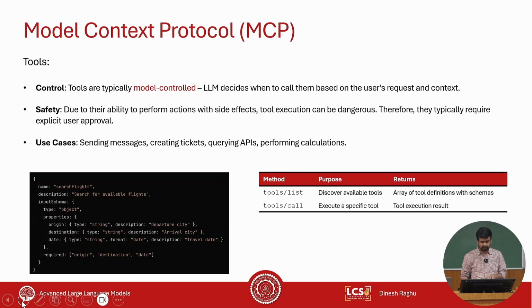This could have safety issues, because let's say you're writing back to GitHub, right? If an incorrect write happens, it may screw things up. So the protocol allows you to require approval from the human. You can specify that when these tools are called, you must get approval from the end user before executing things, right?